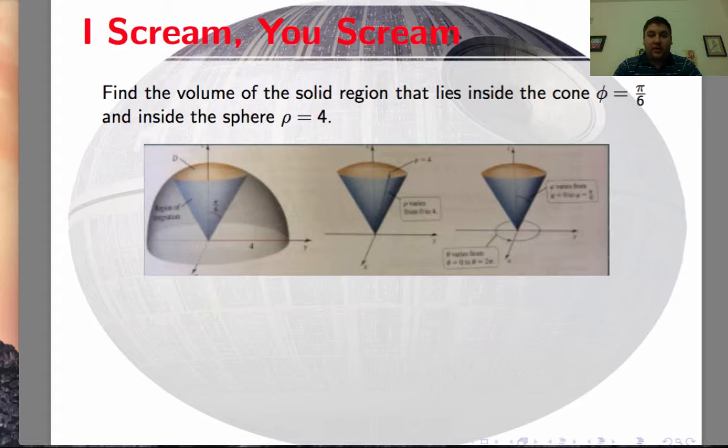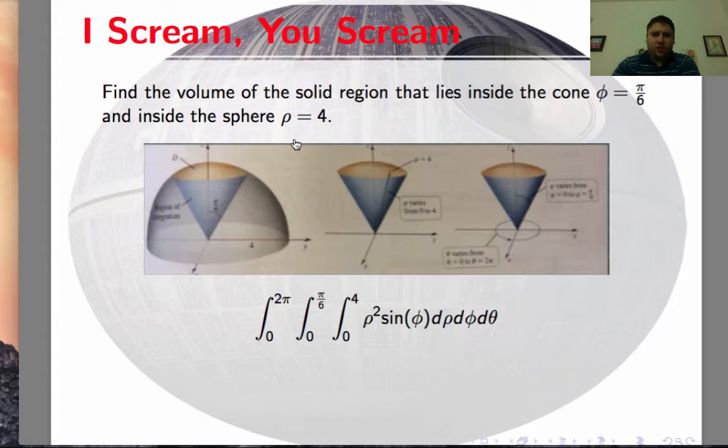So I want to find the volume of this region that's lying inside of the cone, and this cone I'm defining as phi equals pi over 6. You remember that when phi is equal to a constant, that's giving you a cone. And I want this to be living also inside of the sphere. This particular sphere is rho equals 4. So here is basically the answer, right?